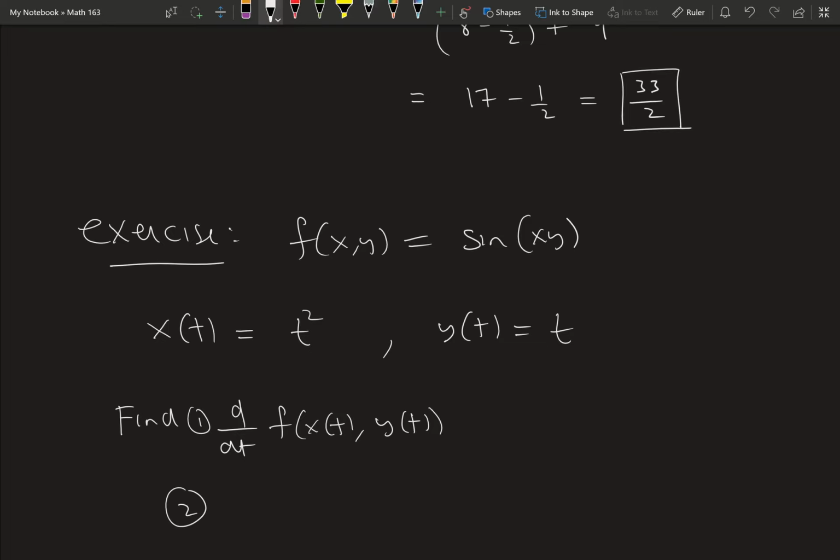And then we want to find, and let's again use the chain rule here. It's not, again, a problem that necessarily in this case requires it, but let's use it just for practice.